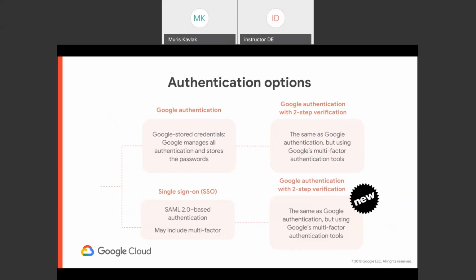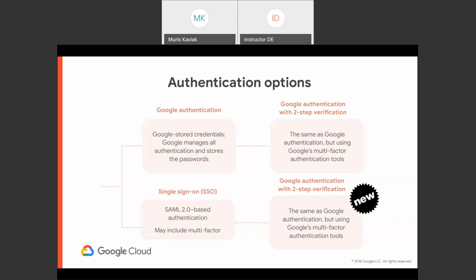Now I said authentication options. You can go ahead and select, okay, I want to have Google as my identity provider because Google should take care of storing all the credentials and authentication options. And I do have the possibility of using the two-factor authentication options Google gives you.